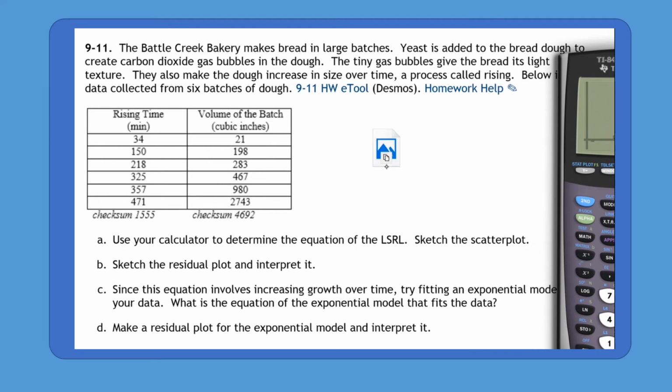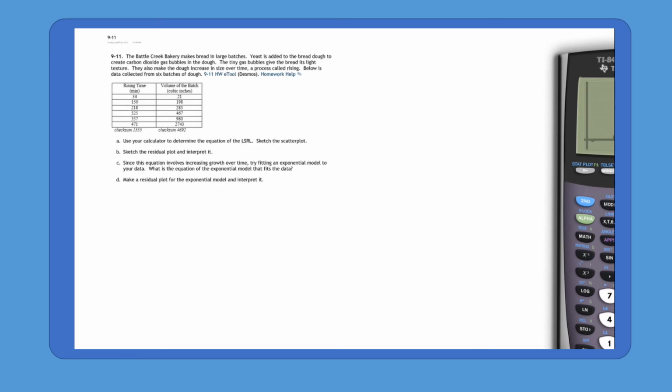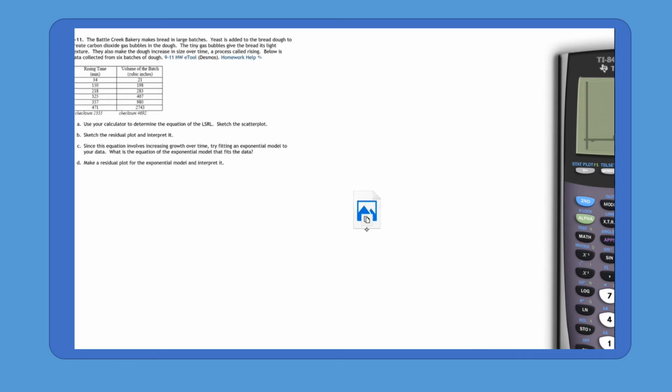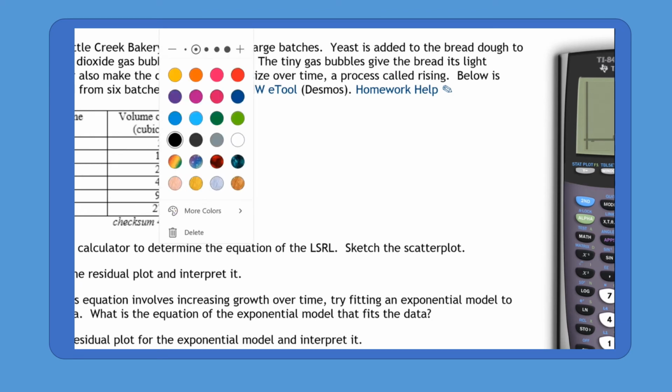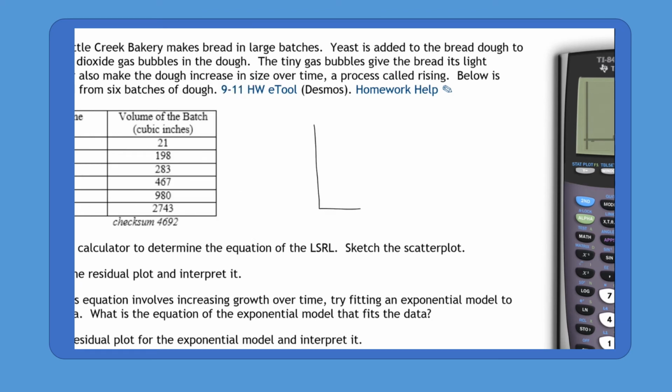That didn't happen. Oh well. I guess I'm just going to have to copy that, so let me do a quick sketch of what I basically see going on here.